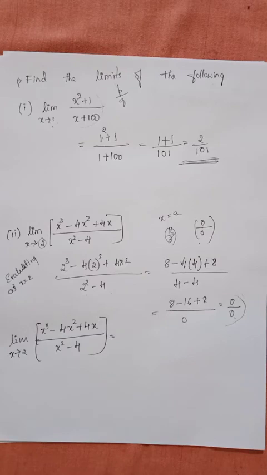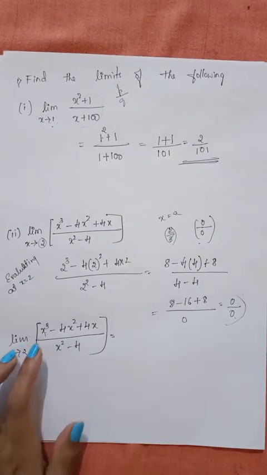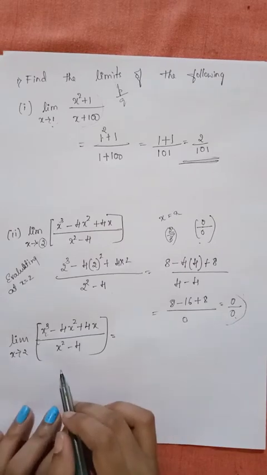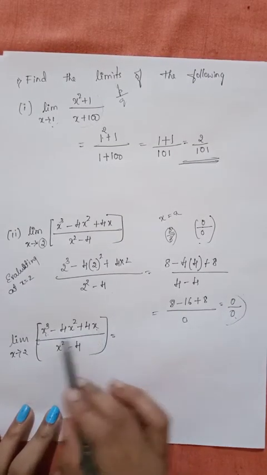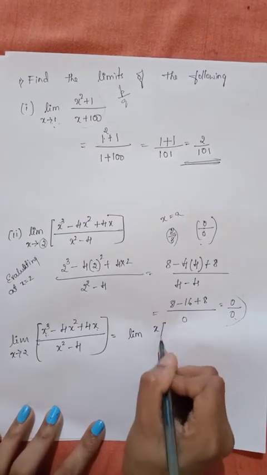Now, if you see x cube minus 4x square plus 4x divided by x square minus 4, look at the numerator. What is common in the numerator? x is common in the numerator, so we'll take x outside.